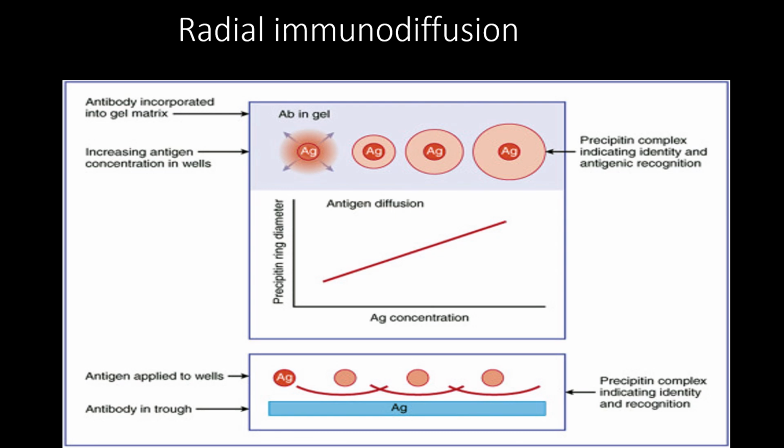The larger diameter of the precipitate complex indicates a higher amount of antigen present in the patient's plasma. This can also be presented on a graph, where antigen concentration can be determined by having the precipitate ring diameter measured by the ruler. Secondly, we have the ELISA technique.